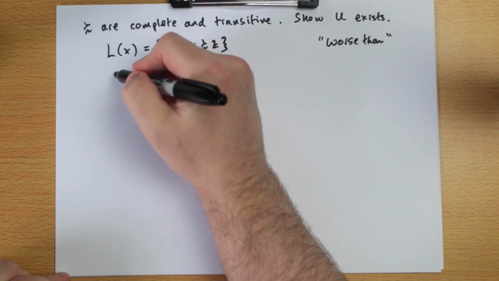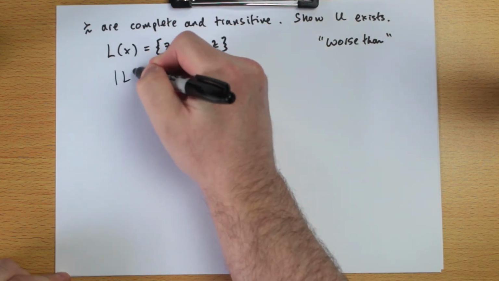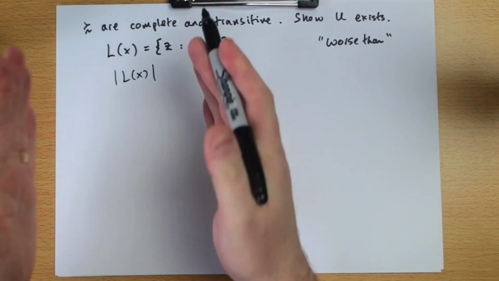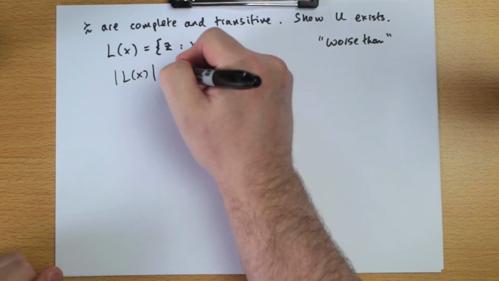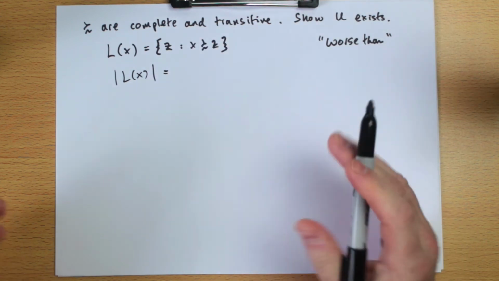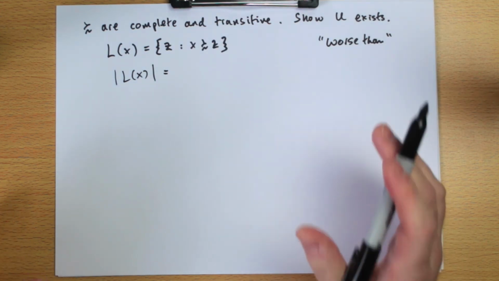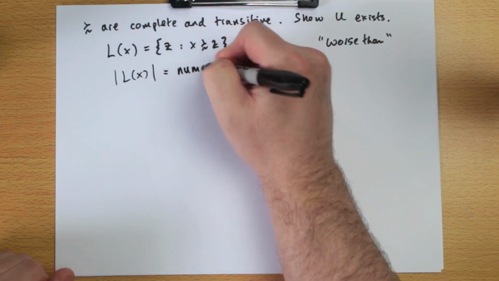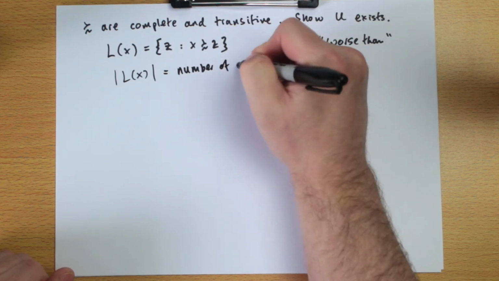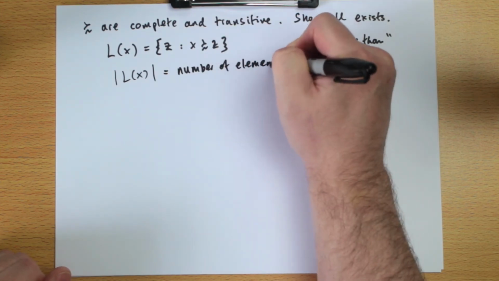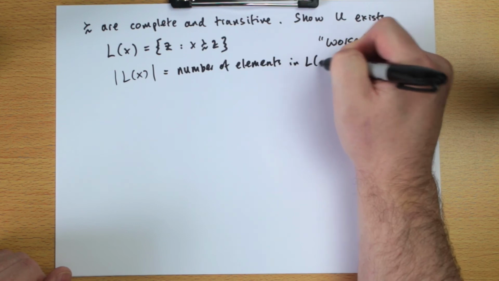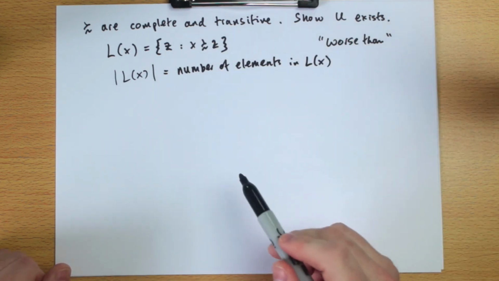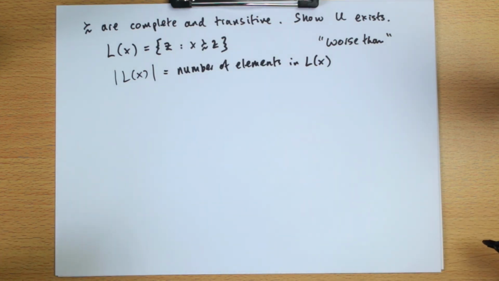Now, one piece of notation: if I take any set, let's take L of X, and put two vertical lines encasing that set, this notation means the cardinality of the set, or in normal language, the number of elements in L of X. So putting two vertical lines around a set means count how many things are in this set.